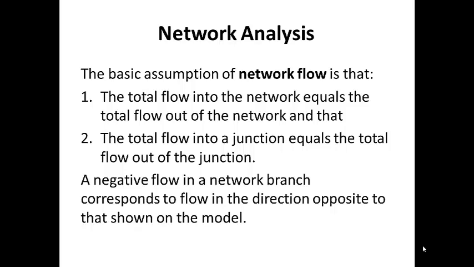Now let's review a few basic assumptions of network flow. The first is that the total flow into a network must equal the total flow out of the network. And secondly, the total flow into a junction in a network must equal the total flow out of the junction.